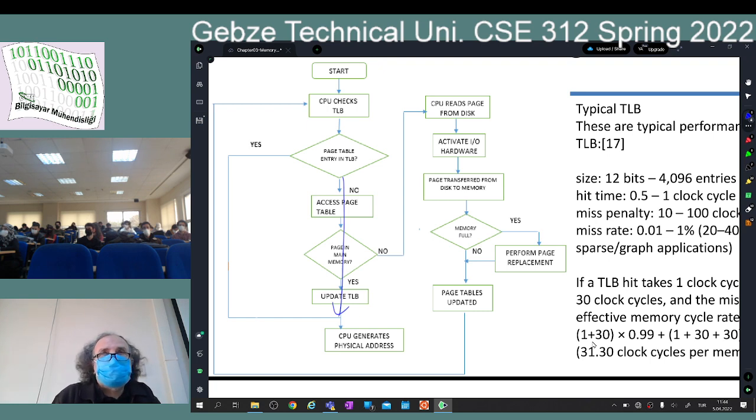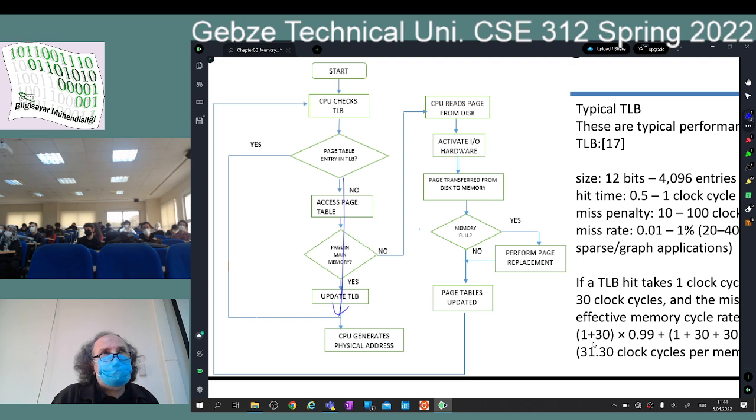my troubles are not over. The disk driver says that the data is loaded, your page is ready in my driver buffer, and I need to check if the memory is full. If the memory is full of pages, there is no free space available in my memory, then I need to replace one of the pages in my memory, right?